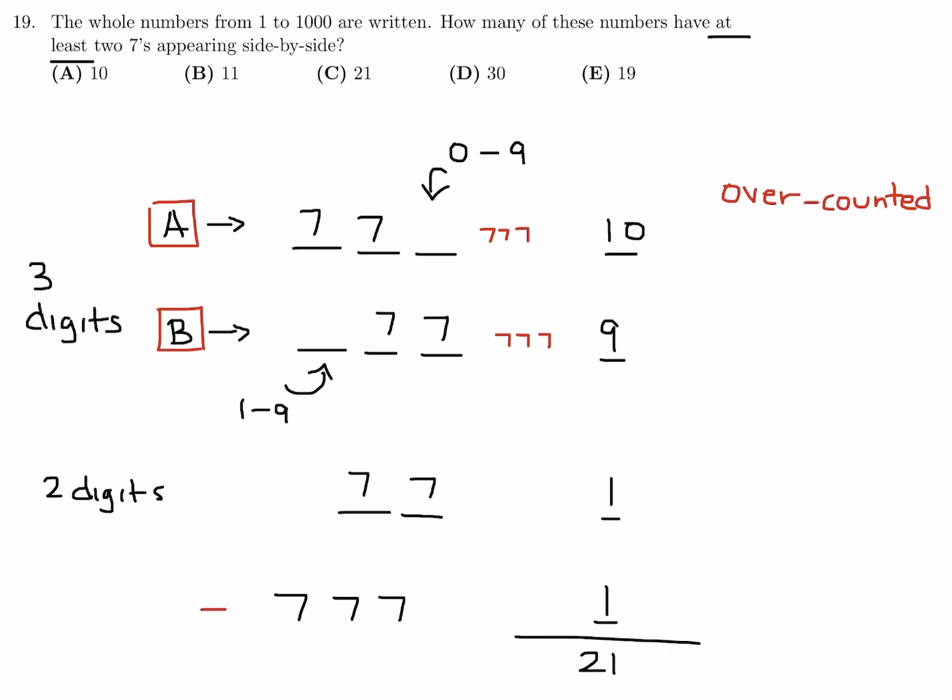And then over here, we have that 777 again. So this number, 777, was counted 3 times. So we have to subtract 2 of them from our total. And therefore the answer is 19. Okay, so don't feel bad if you got this wrong. Number 19, the answer therefore is E.